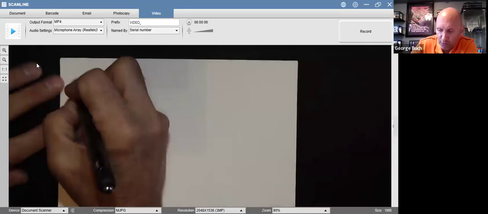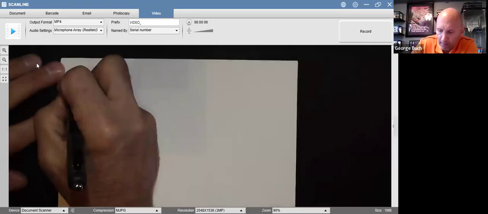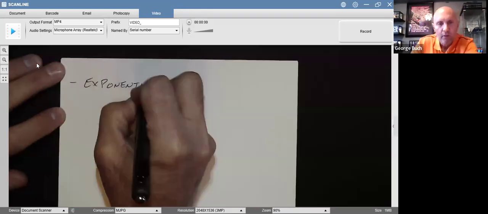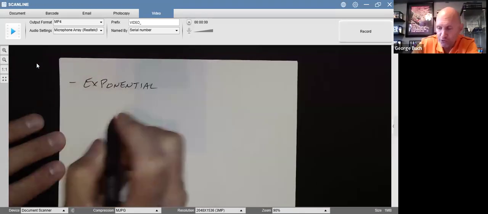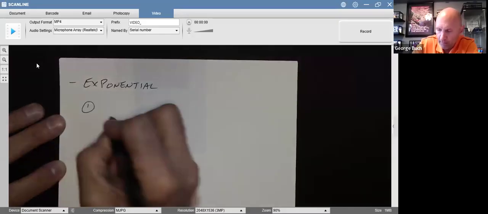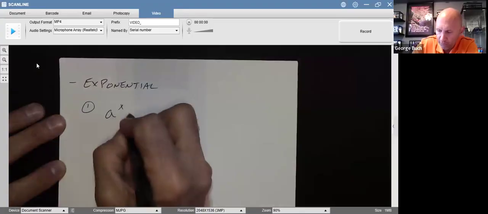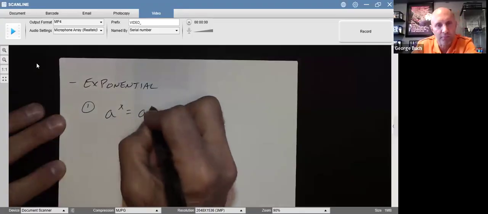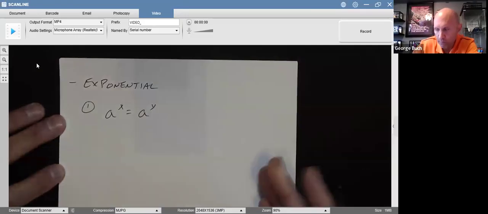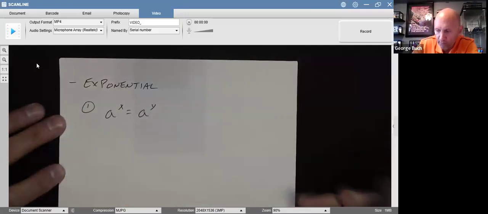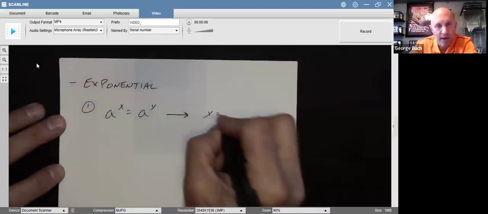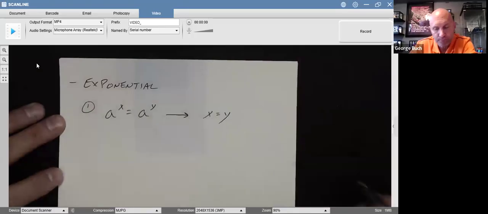So for exponential equations, we basically have two options to do these types of problems. The first one is if I have some base to the x power is equal to some base to the y power, well, the only way that these two sides can be equal is if x equals y.